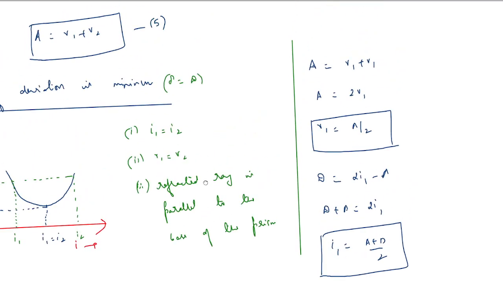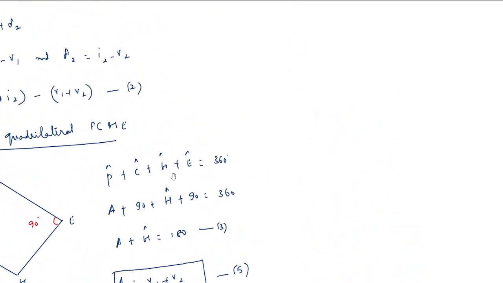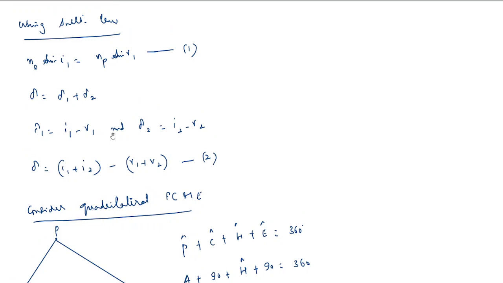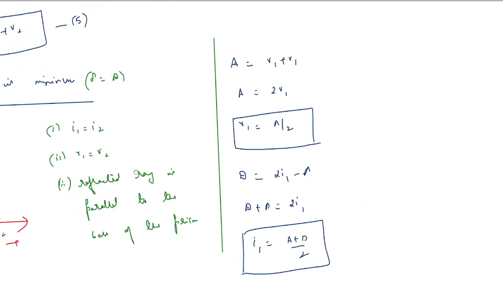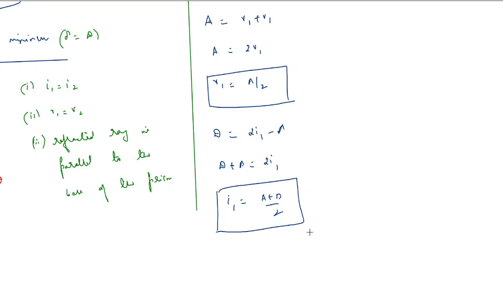Let's recall what was equation number 1. 1 says ns sine I1 is equal to np sine R1. I'm just rewriting 1 to make it more obvious.